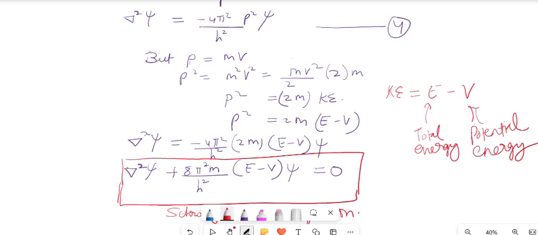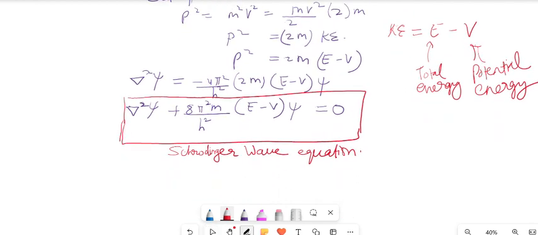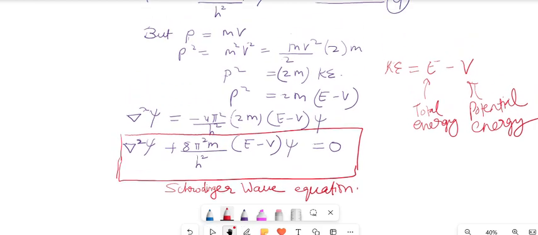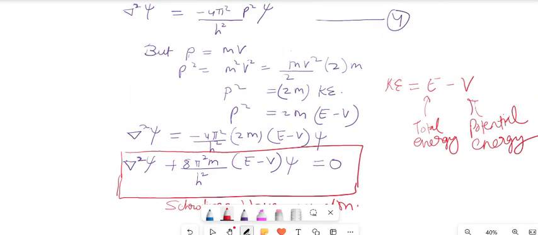So we can write del square psi is equal to minus 4 pi square by h square into 2m into E minus V psi, and rearranging it, we get del square psi plus 8 pi square m by h square into E minus V psi is equal to 0, and this is known as the Schrodinger wave equation. Hope the derivation is clear now. Thank you.